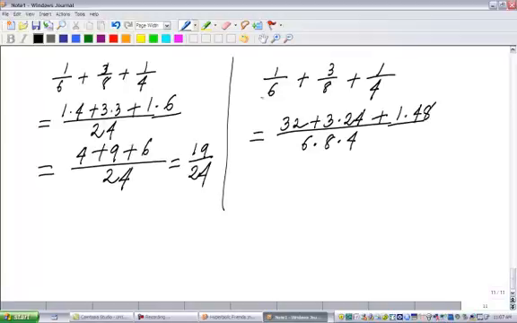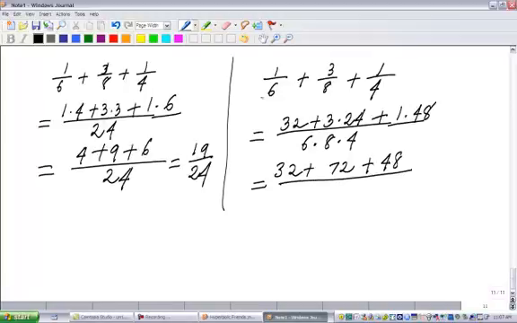Okay? Now the problem is I have big numbers now. If I don't use LCD, I might have big numbers. So you have to now multiply these big numbers. So this is 32. What is 3 times 24? 72. 72 plus 48.